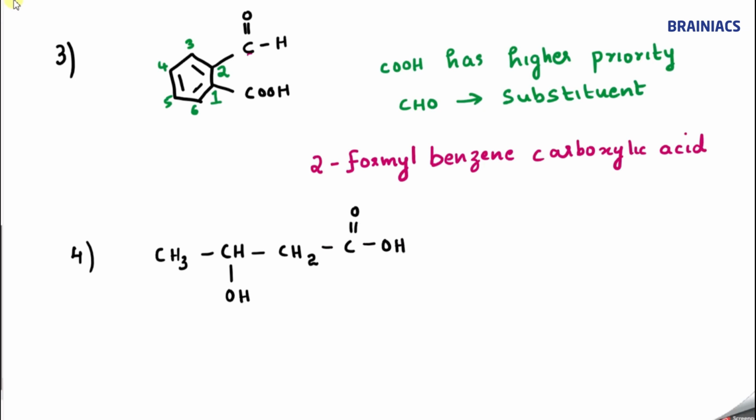So this is a question. How to do this? Please think about it. Here, some students may get confused, saying there is a carbonyl group and another OH. It is not like that. This is COOH, which means carboxylic acid. So I know that carboxylic acid has higher priority.